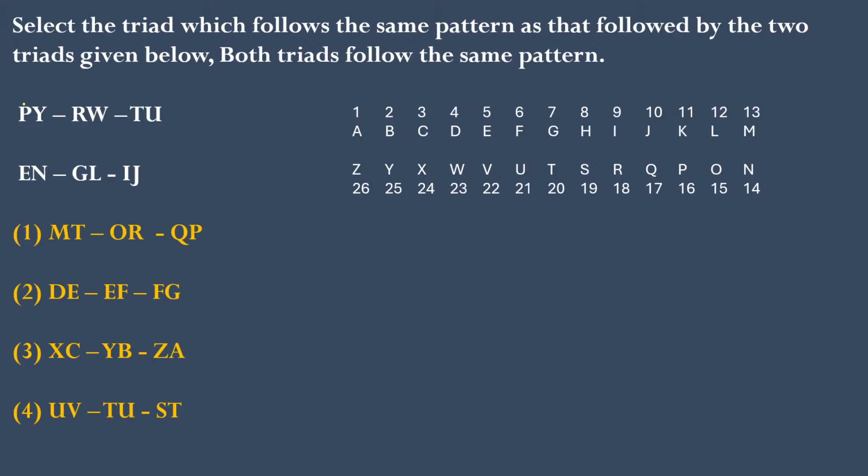P, Q, R: P plus 2 we get R, R plus 2 we get T. And if you see the next alphabet here, Y minus 2.